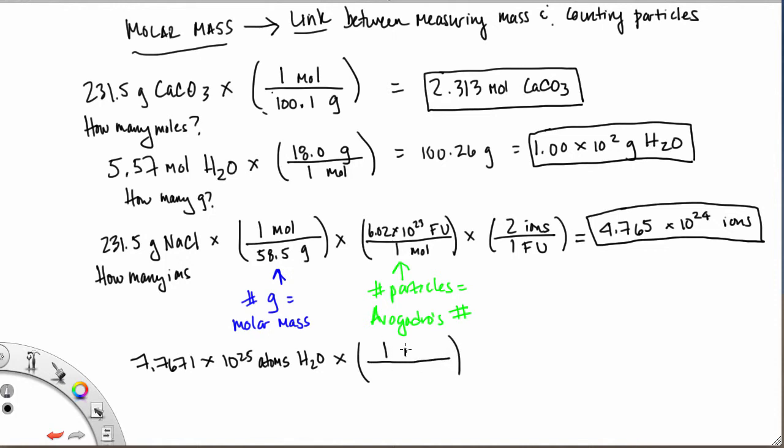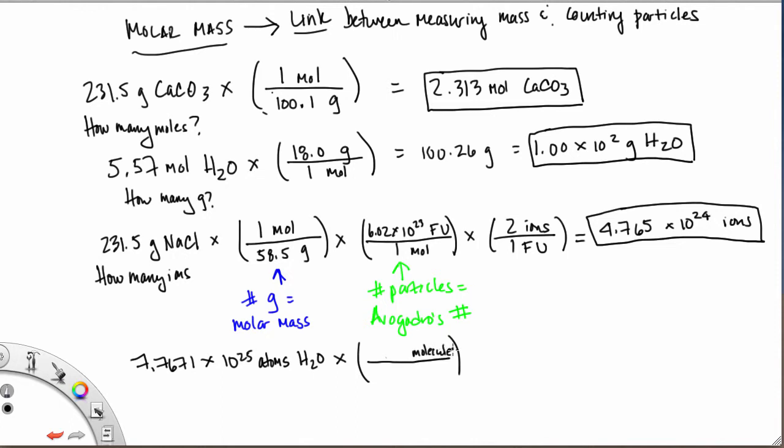So I'm converting 1 mole. Hold on a minute. First thing first, I made a common mistake. Maybe you figured out what mistake I made. But atoms is not the representative particle for water. Molecules are. So the first thing I need to do is convert to molecules.